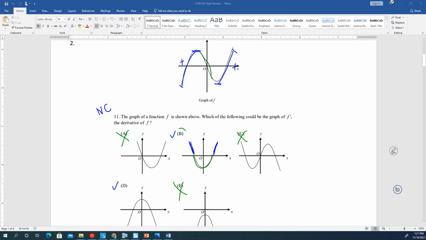So that would be B, because D is exactly flip-flopped there. You can see it's positive derivative values for when it's actually decreasing. All right, feel pretty confident you could have got those ones right. Those aren't bad, right? All righty.